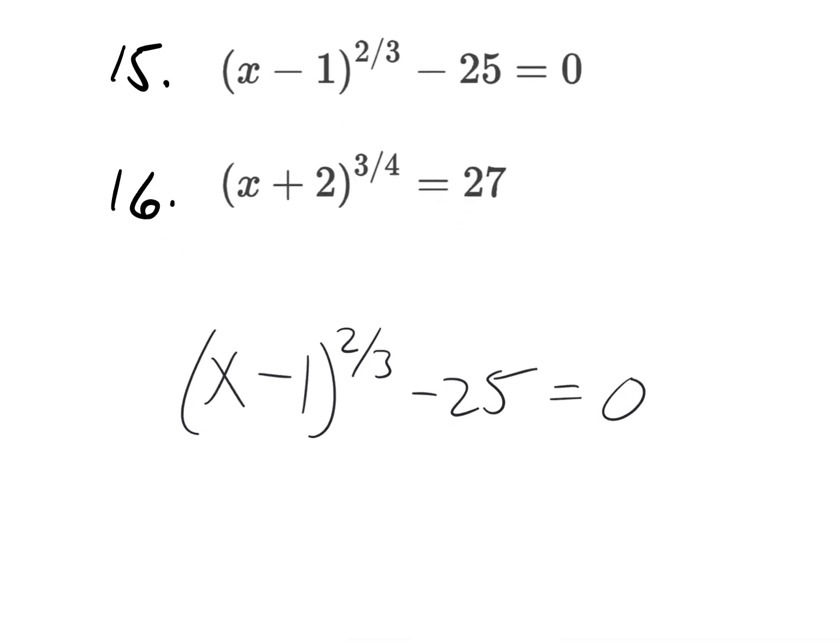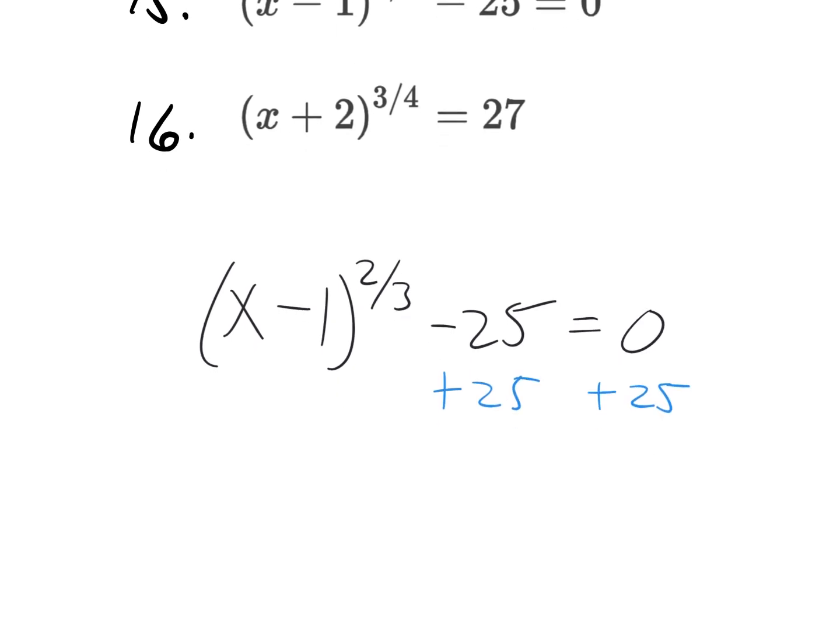So what are we going to do first to get it by itself? Okay, let's add 25. We get x minus 1 to the 2/3 equals 25. All right, and now let's clear that fraction. What are we going to do to clear that fraction? Not cube root it.